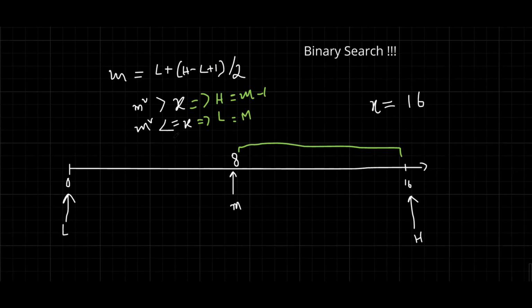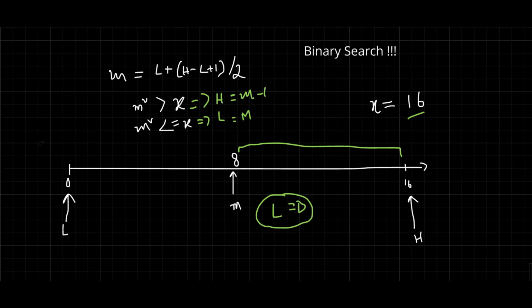By repetitively applying the binary search algorithm, we will find that our low pointer will be raised to such a position that the value is the square root of the given x. After that, we have to return the value of the low pointer. I hope you understood the algorithm.